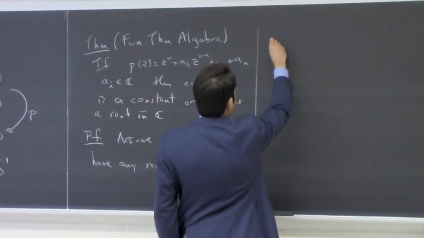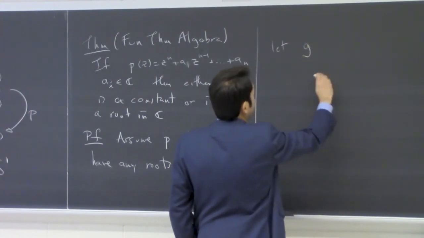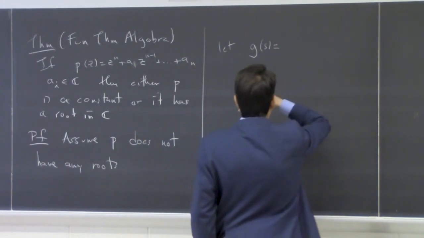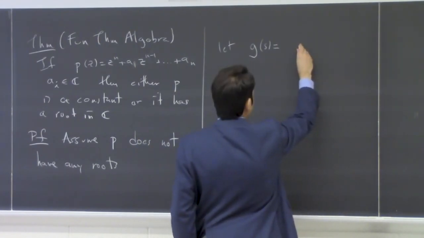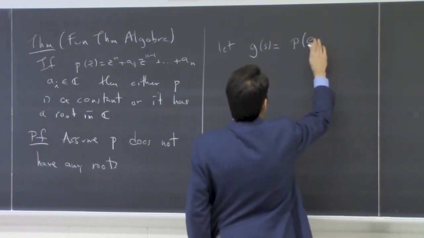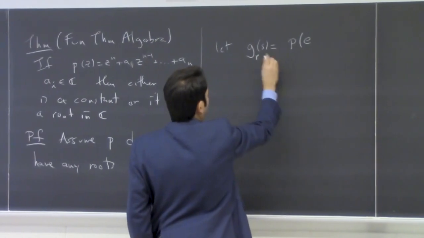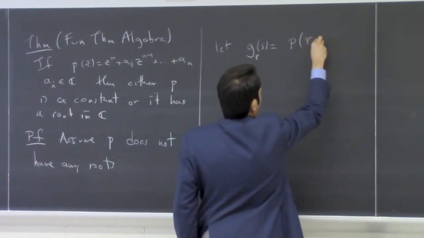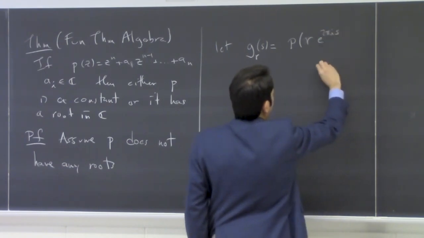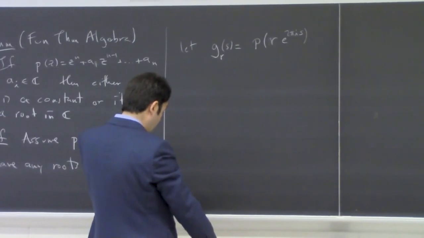Well, so if it doesn't have any roots, then let g(s) be the map where you take P and we want to go around the circle of radius r.